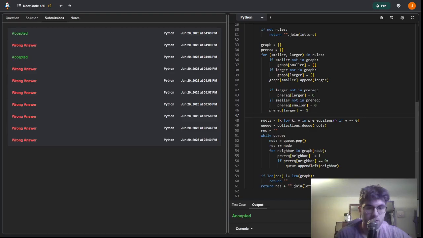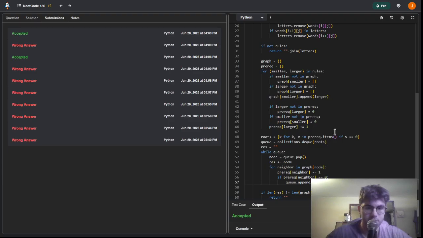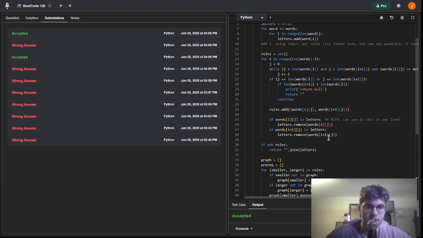This part seems fine to me. This is like the cycle check. Do I need this? I need this at the bottom because we build result here. This is odd.